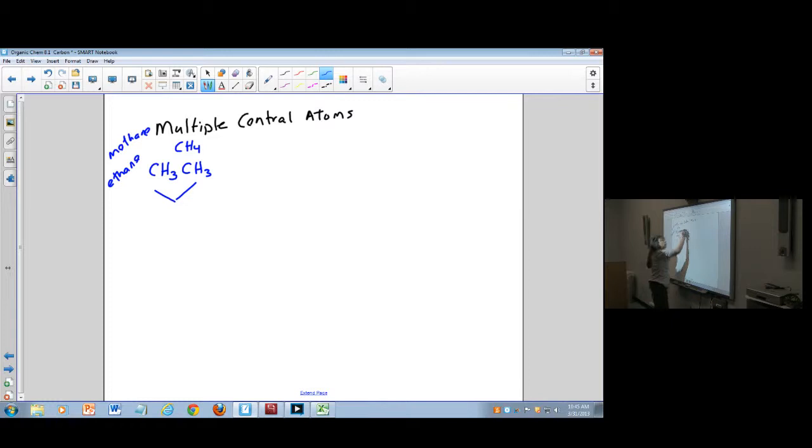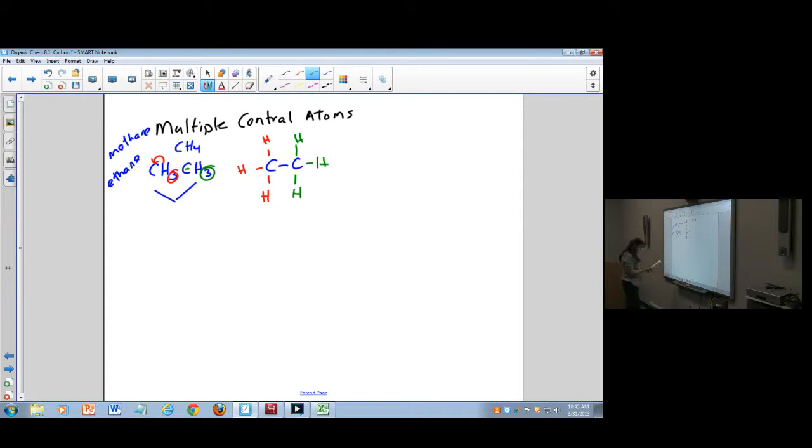Well, I know I've got 2 carbons, and so I'm going to bond these 2 carbons together. And then this hydrogen is bonded to that carbon. All of those are bonded there. And so I would make 3 bonds to hydrogen off that carbon. And then this, I'll get a different color, and this hydrogen on this carbon is also bonded 3 times. So there's hydrogen bonded 3 times here.